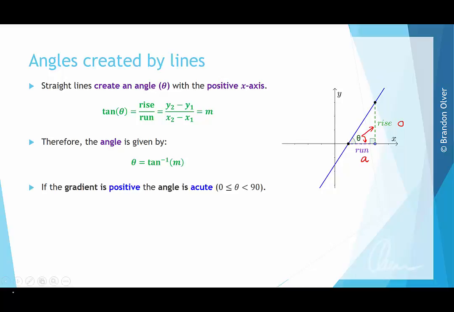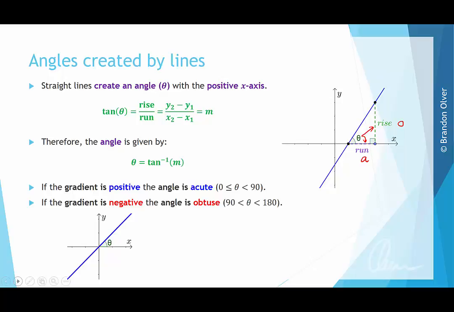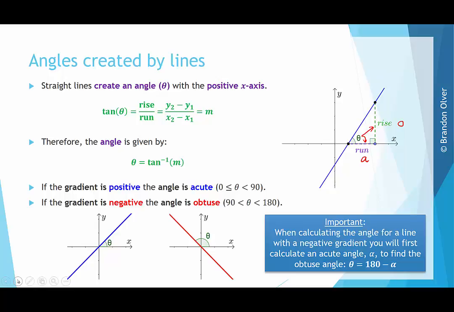If the gradient is positive, the angle will be acute. So we can see that situation down here. We've got an acute angle created with the x-axis. But if the gradient is negative, the angle is obtuse. So that means that it is an angle greater than 90, but less than 180 degrees. So it's really important that if you're calculating the angle for a line with a negative gradient, you will first calculate an acute angle.